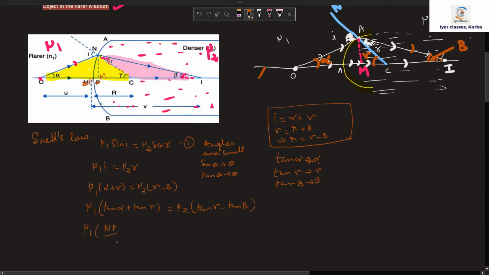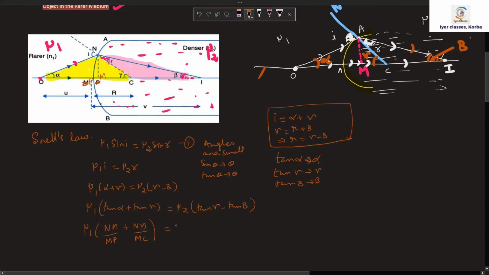So actually this should be equal to NM by MP, and tan gamma is also equal to NM by PC. All the distances will be measured from the pole, not from anywhere else. Please remember, it's always measured from the pole.